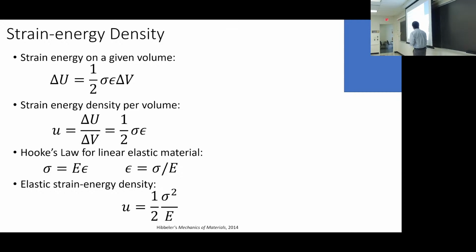So the strain energy density is per volume, like you saw, we just divided by volume, and that's 1/2 sigma epsilon.